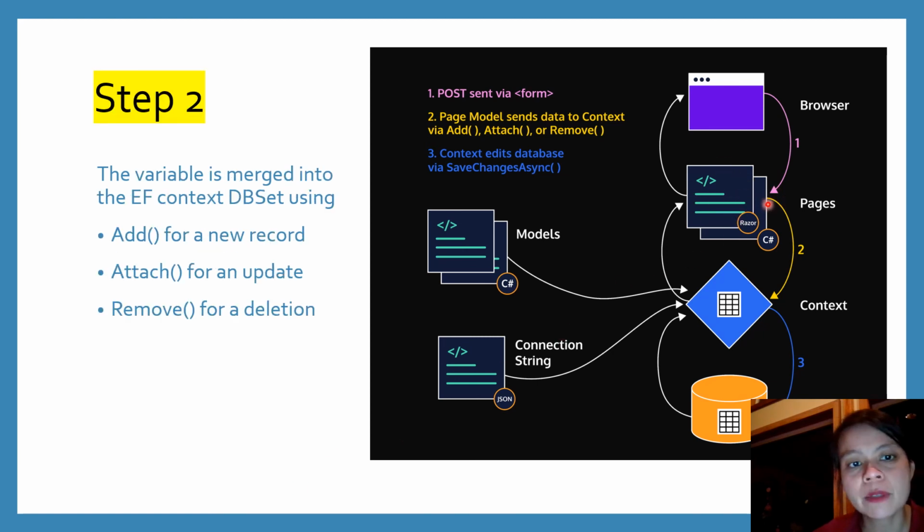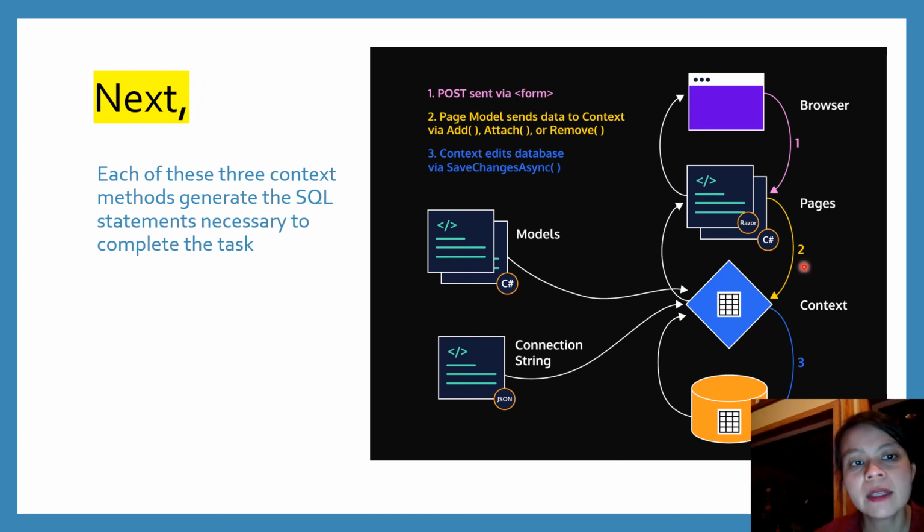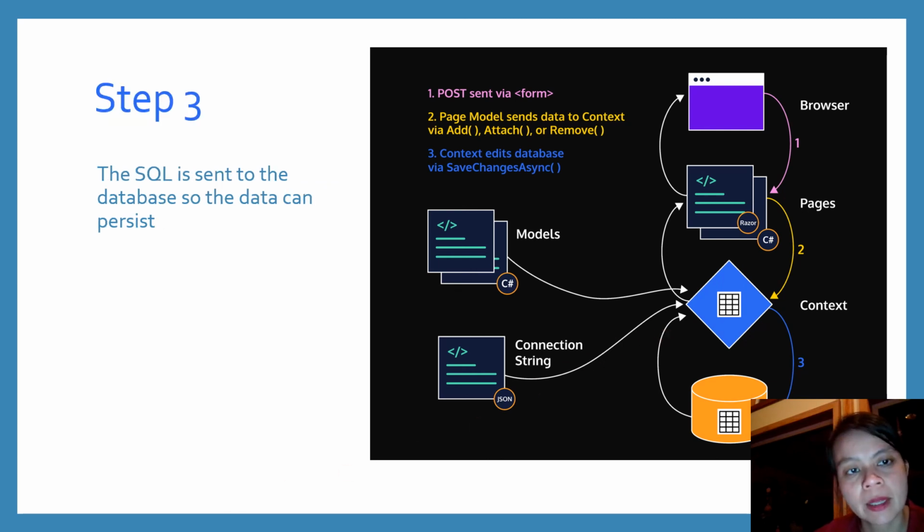Then in step 2, the variable is merged into the Entity Framework context database set using Add for a new record, Attach for an update, or Remove for deletion. Each of these three context methods generates the SQL statements necessary to complete the task, which finally brings us to step 3. The SQL is then sent to the database so the data can persist.